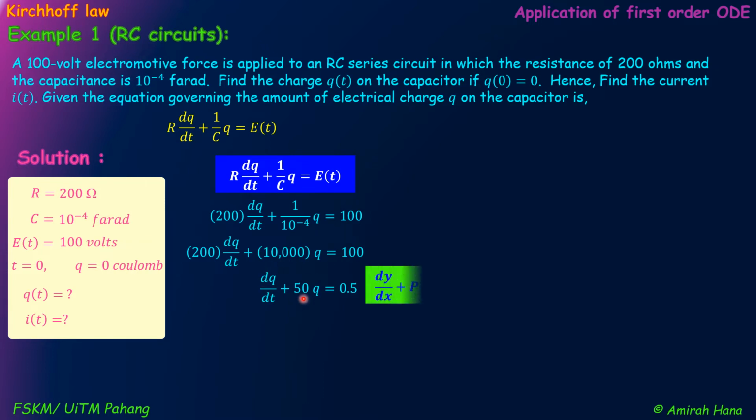From here, we can compare with the original linear first order ODE, which is dy over dx plus P(x) y equals Q(x). Under linear first order ODE, the most important part is to find the IF, which is the integrating factor.